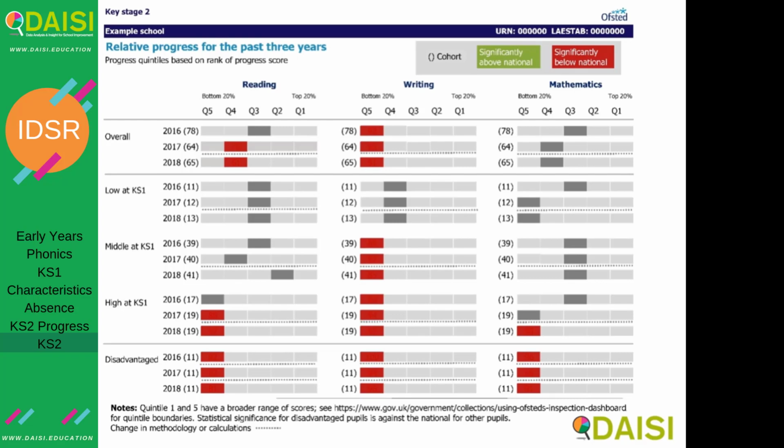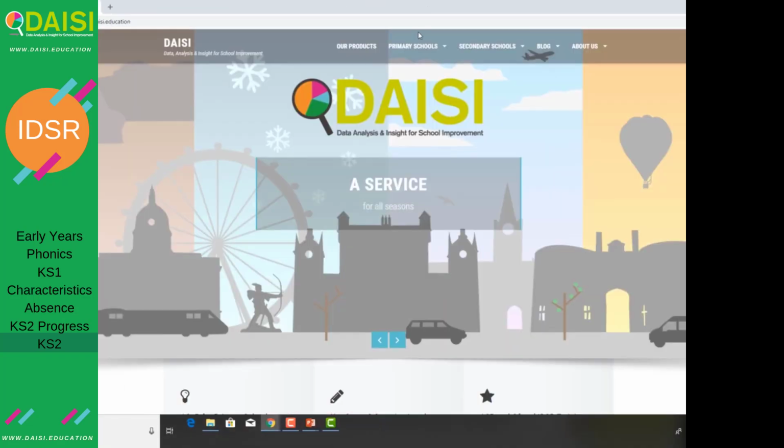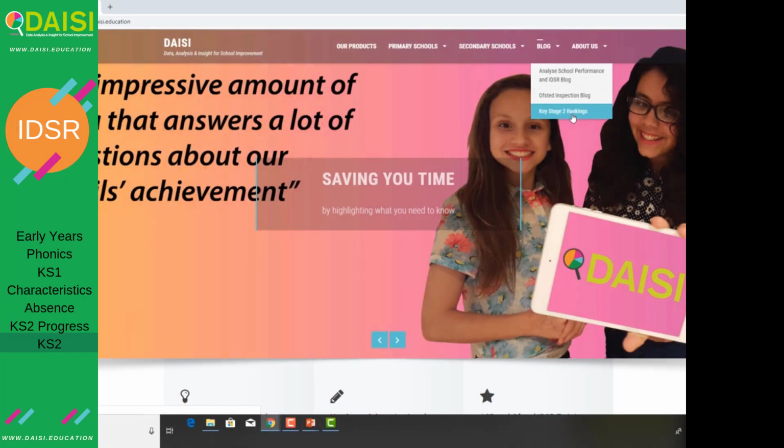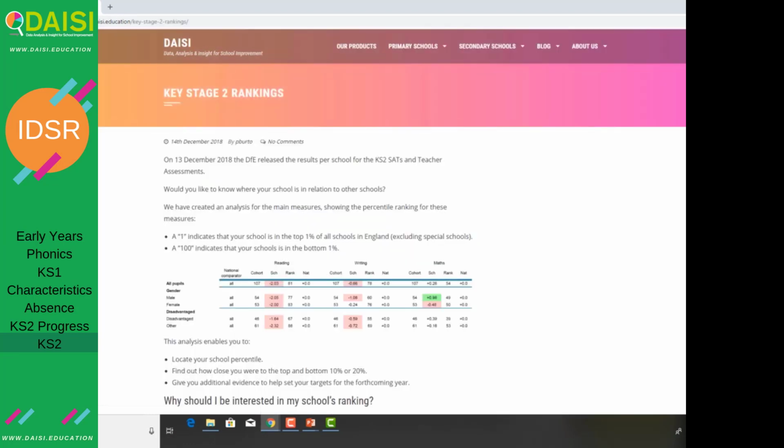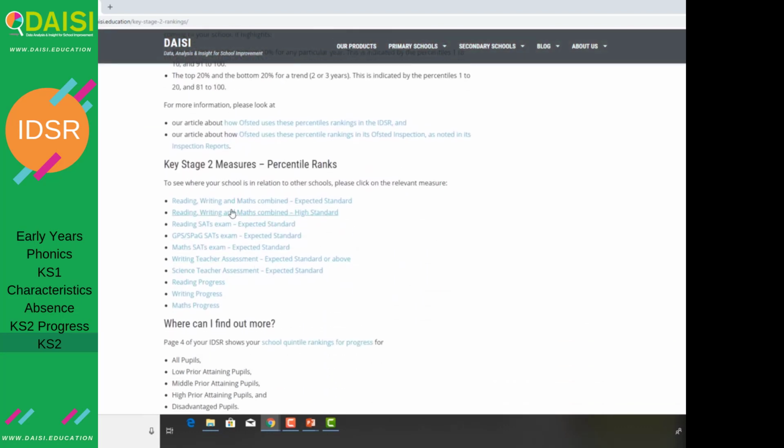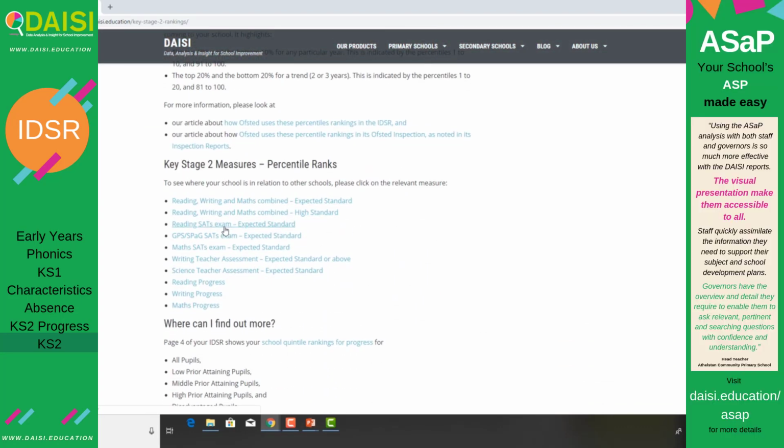However, we can help. If you go into DAISI.education and you go to the blog, there is a Key Stage 2 rankings page. And if you have a look at that, you will see, if I scroll down, the rankings for, say, your reading SATs exam.